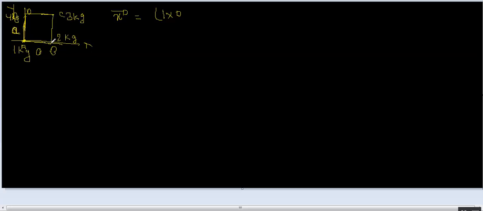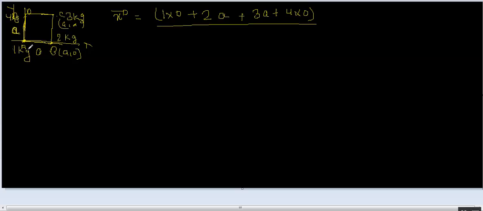Plus 2 into A, because the x coordinate here is A, plus 3 into A, since the x coordinate here is also A, plus 4 into 0, since the x coordinate here is 0, divided by the total mass: 1 kg plus 2 kg is 3 kg, plus 3 kg is 6 kg, plus 4 kg is 10 kg.